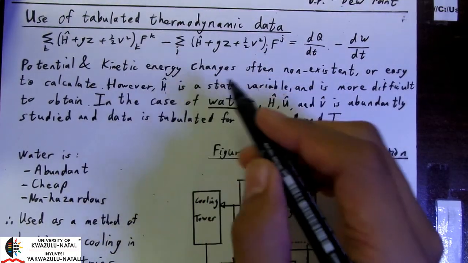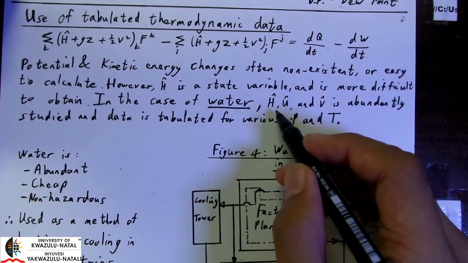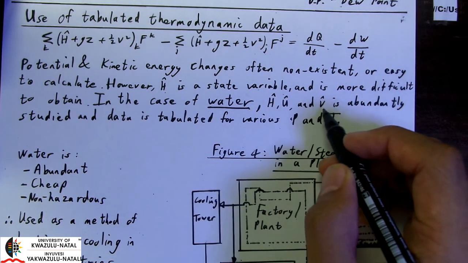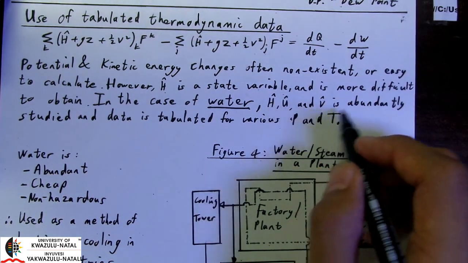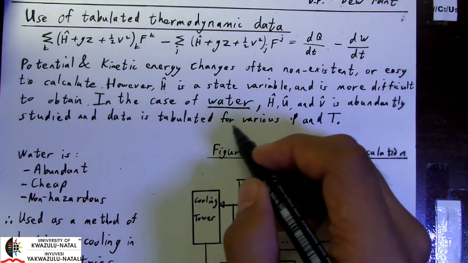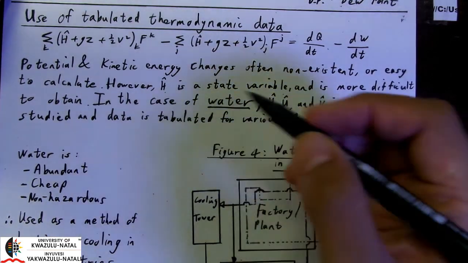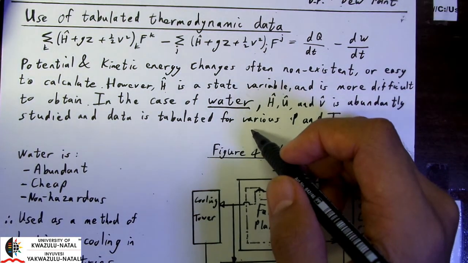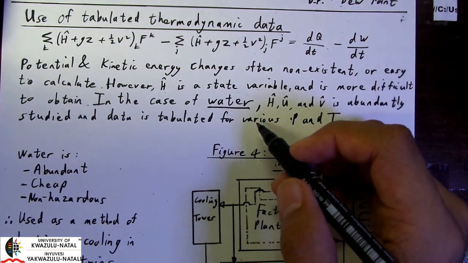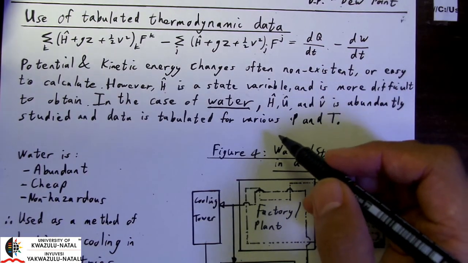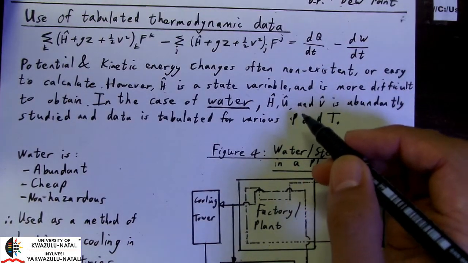In the case of water, our specific enthalpy, specific internal energy, and specific volume is abundantly studied, and data is tabulated for various pressures and temperatures. Water is, of course, the most abundant chemical on our planet, so it is quite sensible to expect that it is the most studied compound.